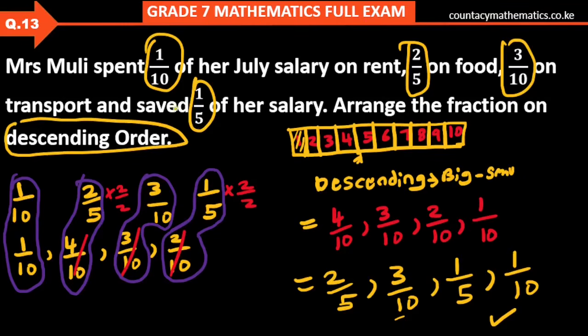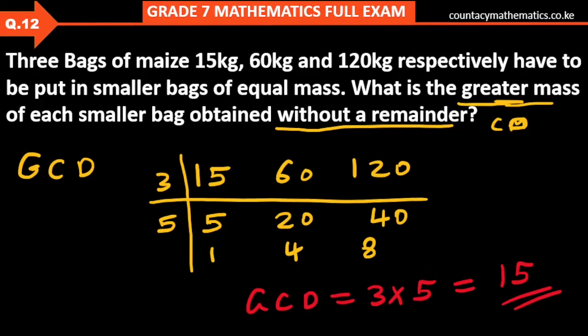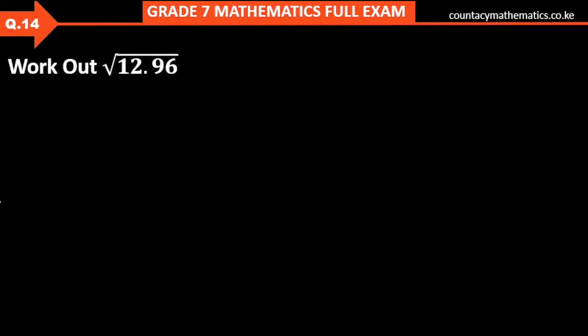Remember that what we are covering is a whole paper for grade 7. This is a standard mathematics examination. We are told to work out the square root of 12.96. This is a very interesting question, and there are different ways you can go about it.